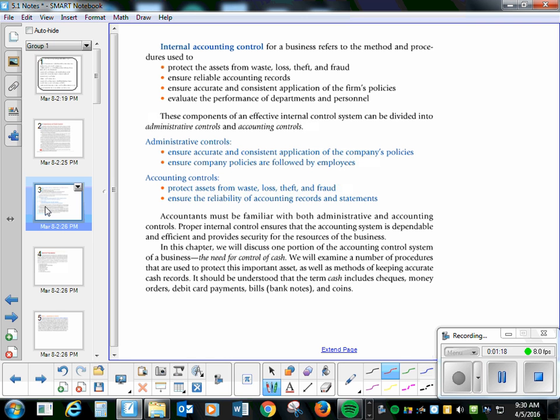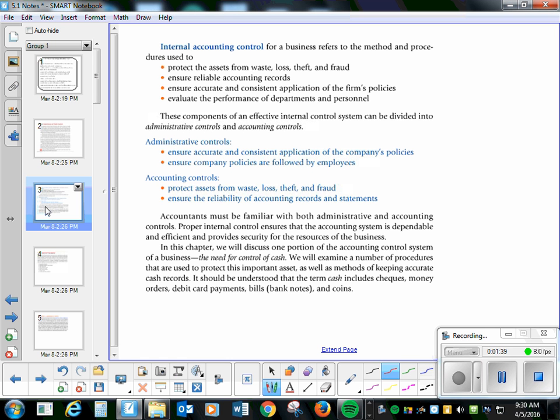Administrative controls ensure accurate and consistent application of the company's policies, and ensure company policies are followed by employees. The accounting controls protect assets from waste, loss, theft, and fraud, and they ensure the reliability of accounting records and statements. Accountants must be familiar with both of these controls.